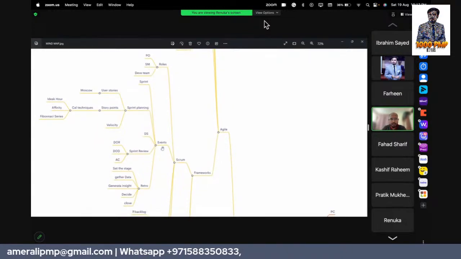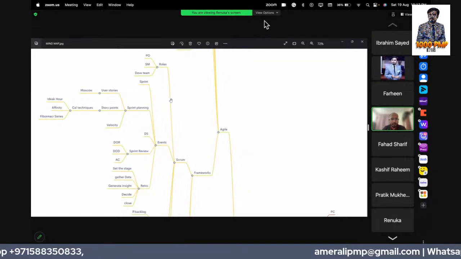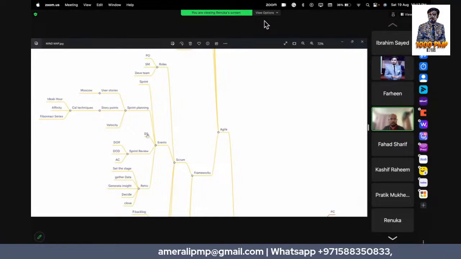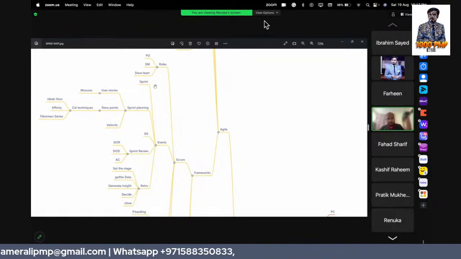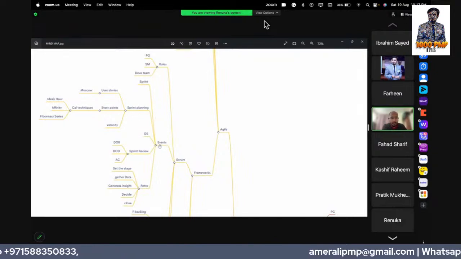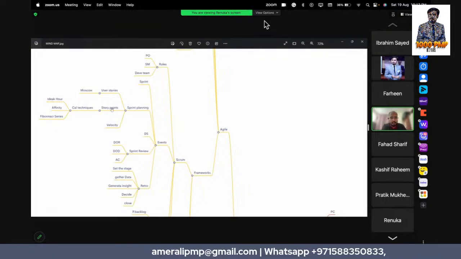And in Scrum, we have 5 events: sprint planning, sprint review, sprint retrospective, and daily stand-ups. Sprint planning has the user stories, story points, and the velocity of the team.